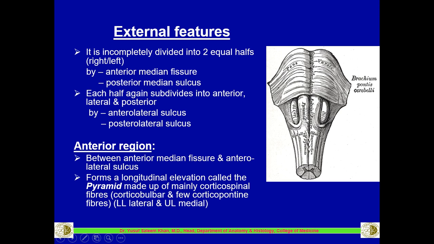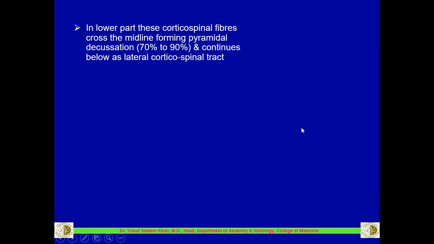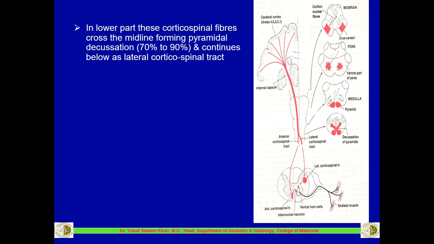And the arrangement of fibers is, if you see, the upper limb will be on the medial side. Medial fibers will be mainly for the upper limb, and the lateral fibers will be mainly for the lower limb. The lower part of this corticospinal tract crosses the midline and forms something called the pyramidal decussation.